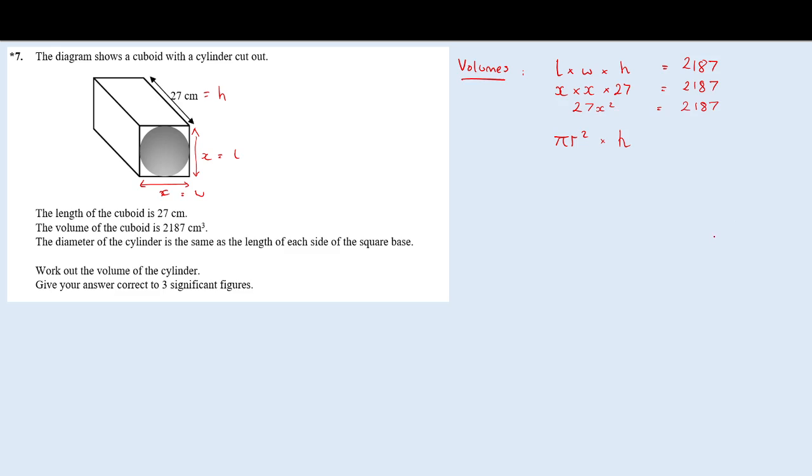And again, if you're not sure where to begin a question or what to do next, take the next small step that you can. I'm going to erase my pi r squared times h for the moment, just so I've got room to work in. I'm going to put it a little bit further down. I can figure out what x squared is by dividing by 27. x squared equals something, and then I can find out what x is by doing the square root of that thing.